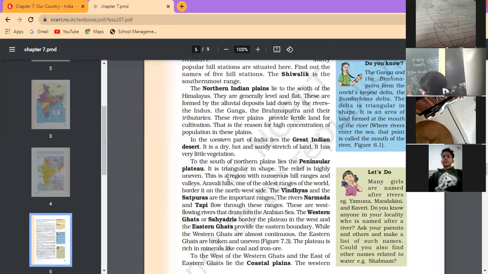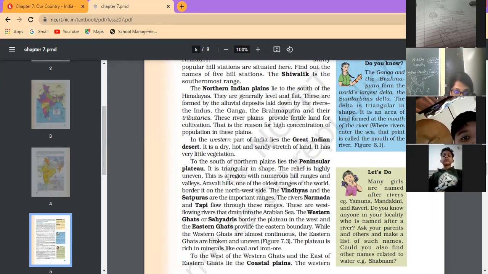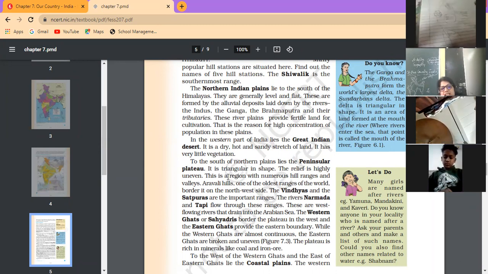So, 1, 2, 3. You can see all these three sides, this part is surrounded by sea. Here you can see the Arabian Sea. On the east side we have the Bay of Bengal, and on the south side we have the Indian Ocean.